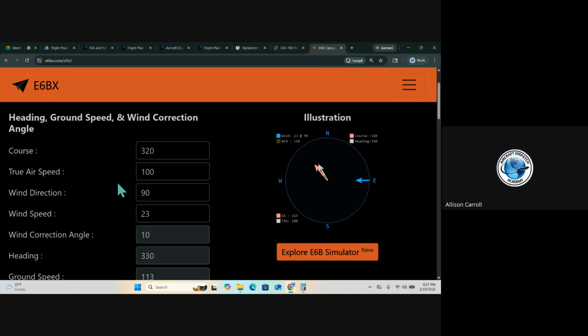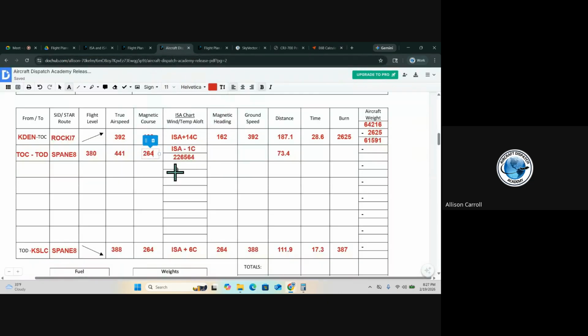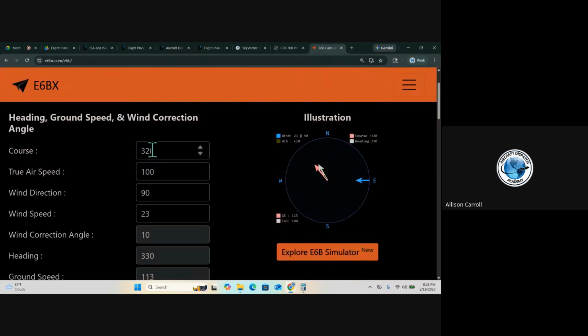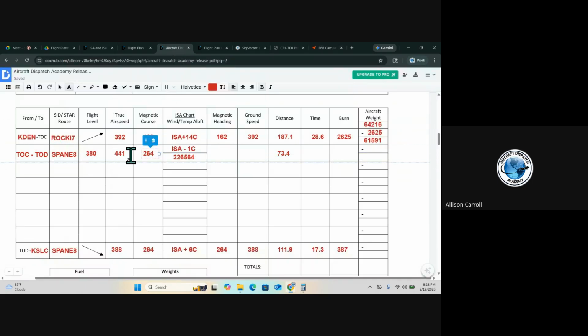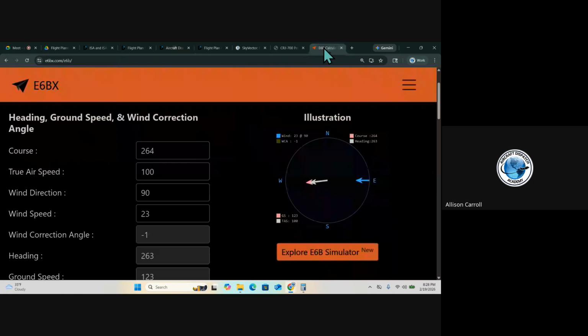So what we need to do, we're going to change our course. We're going to add in all of these different numbers that we have according to our flight plan right here. Our course that we have is 264, so we're going to put in 264 right here. Our true airspeed, remember that came from the performance chart, is that 441.